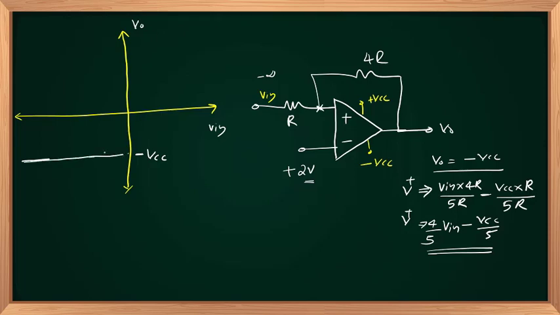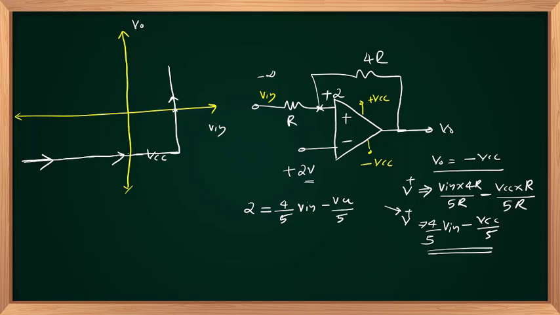So my V out was negative and V in also was negative here. To get a transition, my V plus should cross this V minus value, that is 2 volts now. So I have some value of V in at which I will get a transition. Let us identify that. To get a transition, V plus should reach 2 volts, and that V plus equals 4 upon 5 times V in minus VCC upon 5.